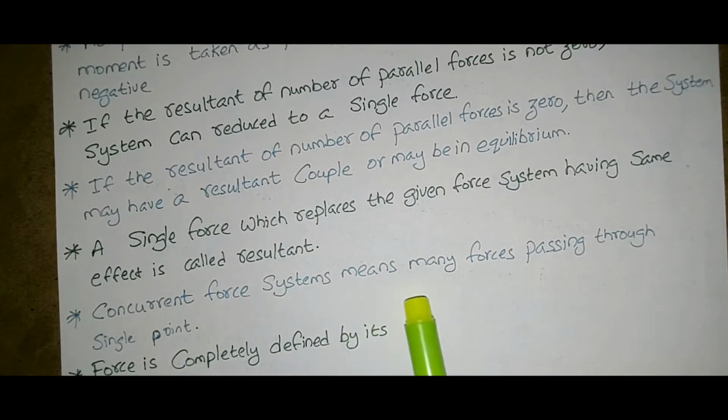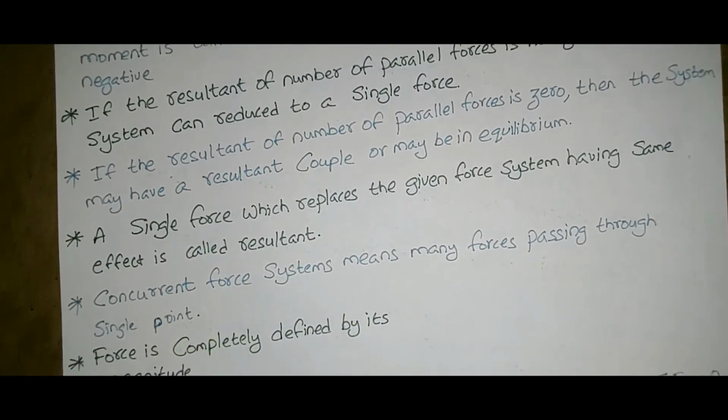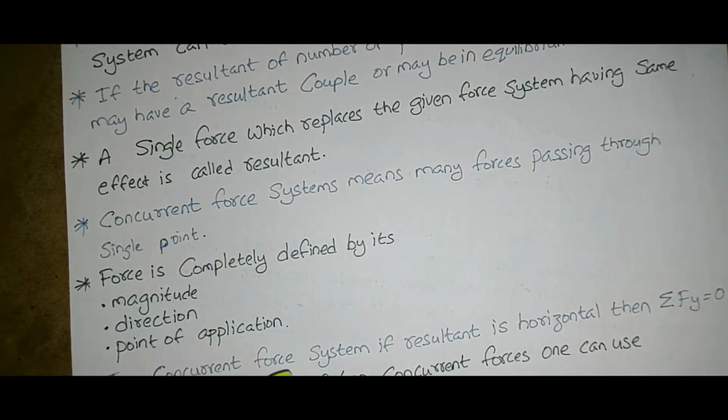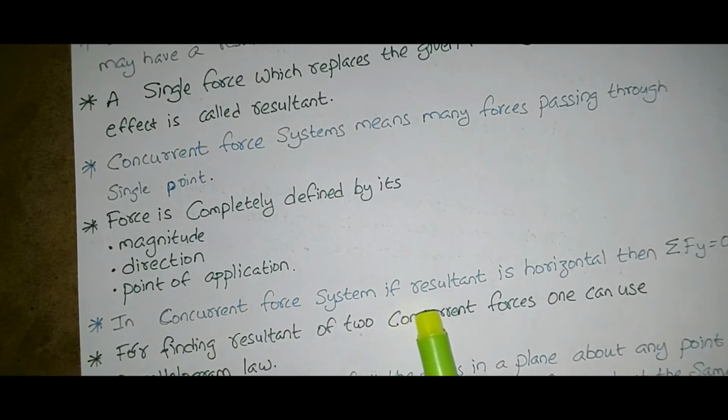Concurrent force system means many forces passing through a single point is called concurrent force system. Force is completely defined by its magnitude, direction, and point of application. In a concurrent force system, if the resultant is horizontal, then summation of Fy is equal to 0.